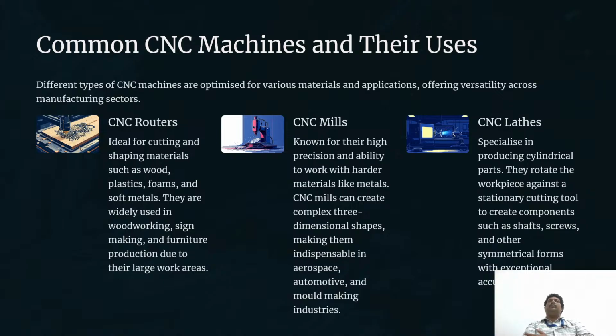When it is a square item for 3D profiling, we will use CNC mills. And we also have machines like CNC turn mills, where milling and lathe are together, and very complex shapes can be easily done.